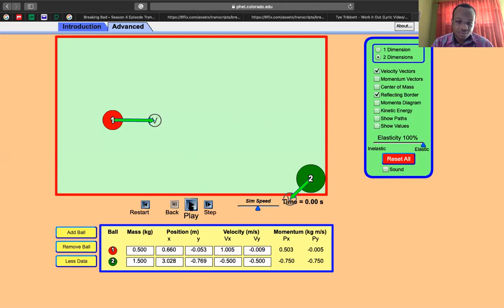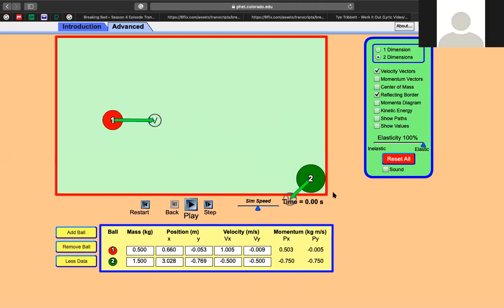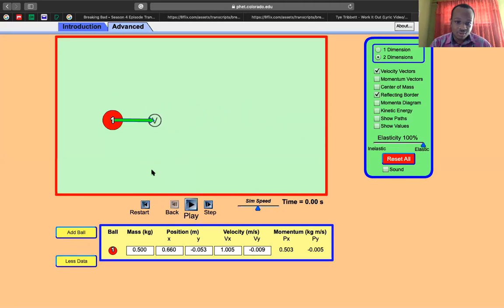Let's try that again. Restart and move this out of the way. I'll remove this first one. So let's just look at the momentum of this ball right here first.